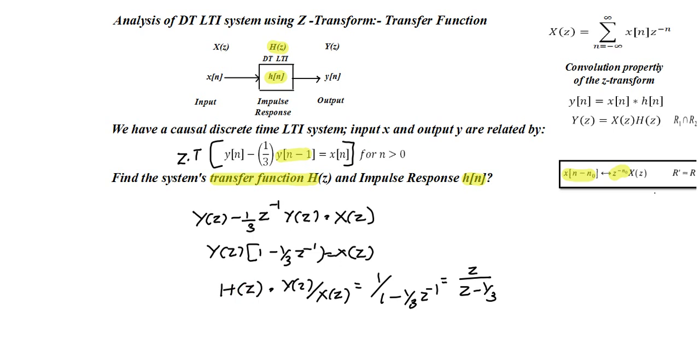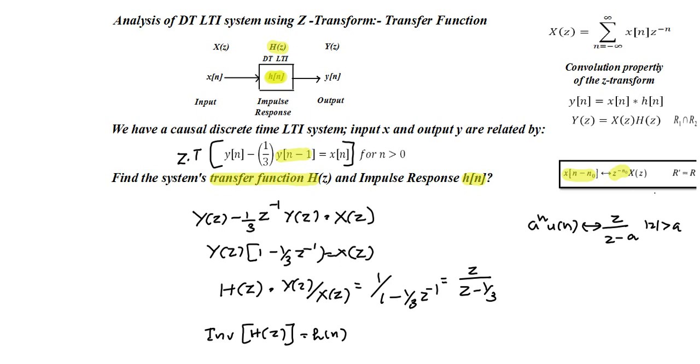Now we need to find the impulse response, that is h(n). In order to find h(n), we simply take the inverse of H(z). Inverse of H(z) is equal to h(n). We know the standard result: a raised to n into u(n) has transform z by (z minus a), with modulus of z greater than a, if it is a causal signal.